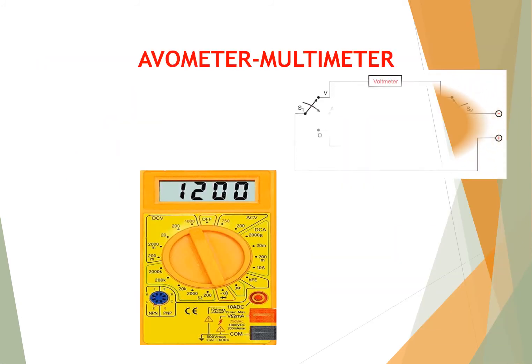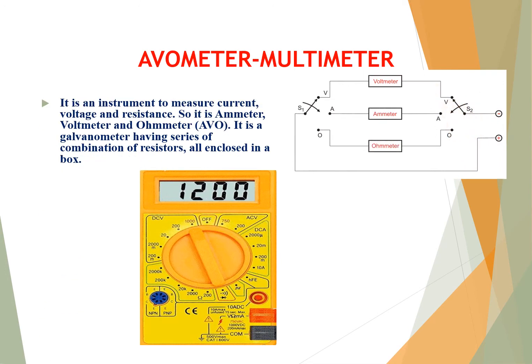AVOMETER, multimeter. It is an instrument to measure current, voltage and resistance. So it is ammeter, voltmeter and ohm meter. AVO: A for ammeter, V for voltmeter and O for ohm meter.